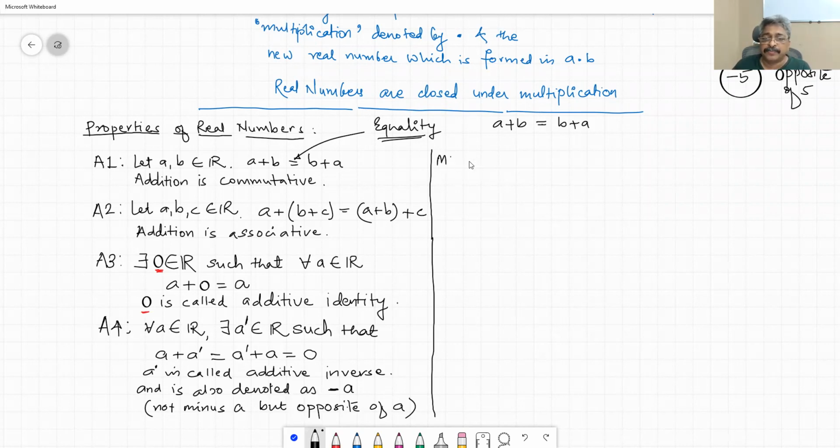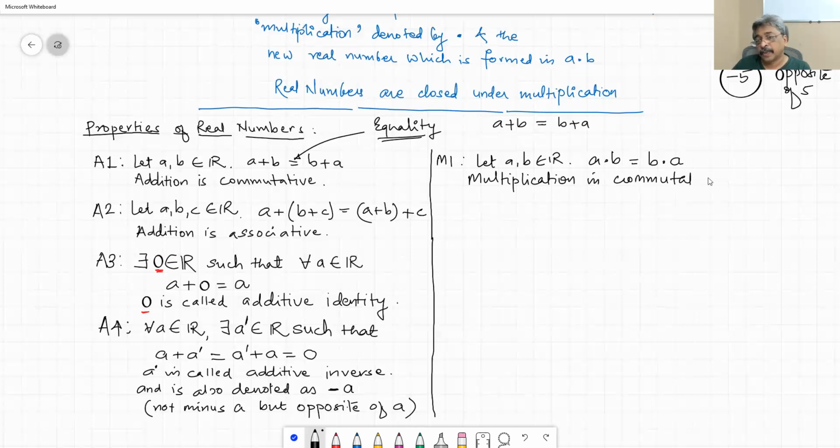Multiplication. M1. Let A comma B belong to R. A into B is equal to B into A. Multiplication is commutative. M2.